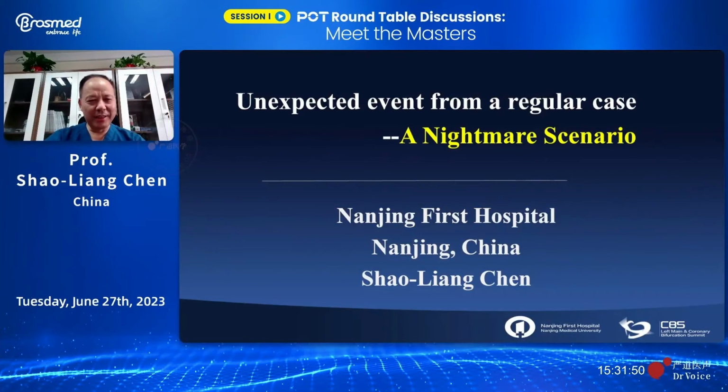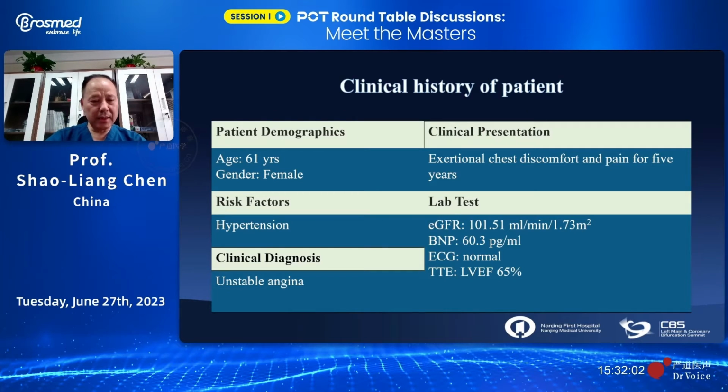My case is pretty easy. The title is an unexpected event from a regular case, a nightmare scenario. It's a very tough career for one of my colleagues. The patient is a 61-year-old lady. The traditional risk factor was only hypertension. The patient presented with unstable angina and was admitted to our hospital.